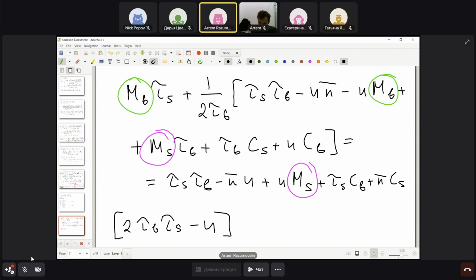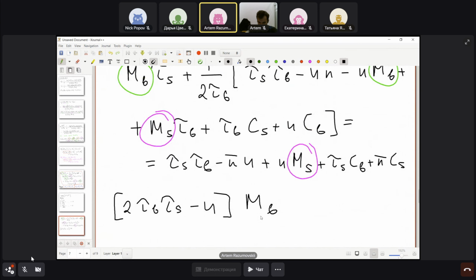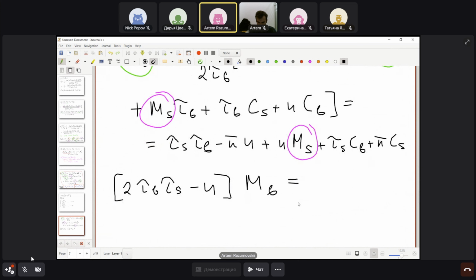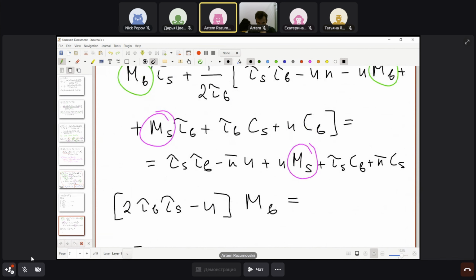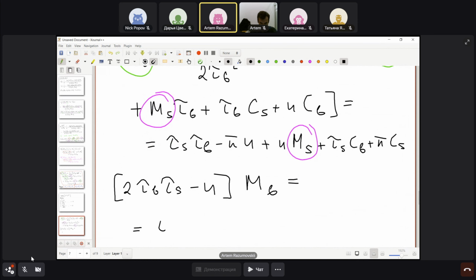That will be for price for buyers. And then on the other side, we have, so if I put everything to other side, it will be tau sellers, tau buyers minus PU.